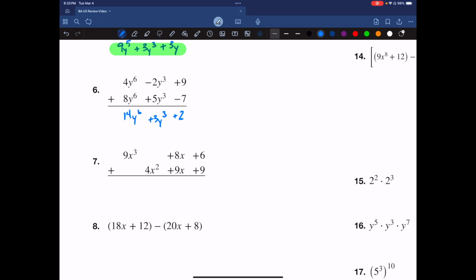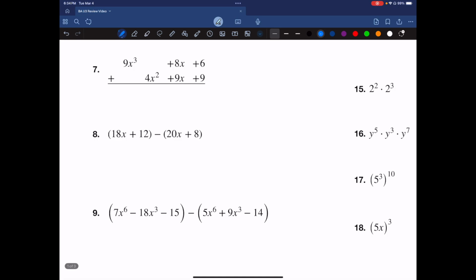You just want to make sure everything is like terms over like terms. And that's all you do here. If you're paying attention, you'll notice I just messed that up. With all the sixes there, I got confused, but 4 and 8 is 12, not 14. So, good idea to check your work.